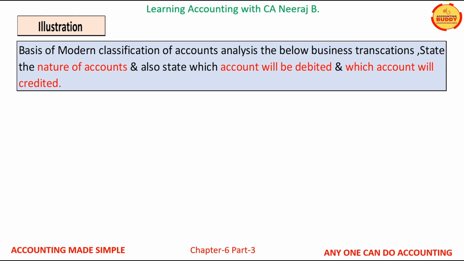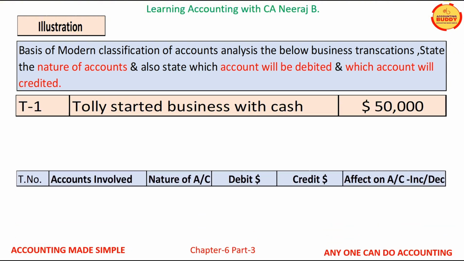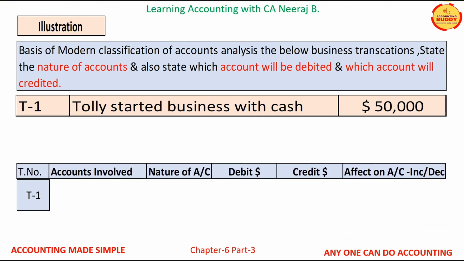Basis the modern classification of accounts, analyze the below business transactions, state the nature of accounts, and also state which account will be debited and which account will be credited. Transaction T1 is Tolly started business with cash of $50,000. Now when we analyze the T1 transaction, the two accounts which are affected are cash and capital.